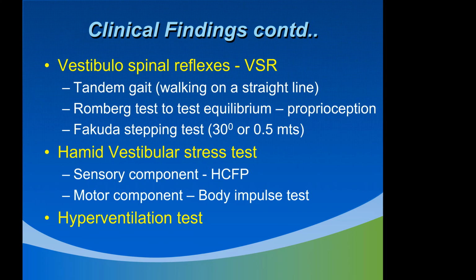He will fall. So first of all, if he is stable with eyes open, then close the eyes. If giddiness is precipitated, that means sensory ataxia. The sensory tracts are not working. Hitherto he was compensating with the visual information. With closing the eyes, you have cut off that information.